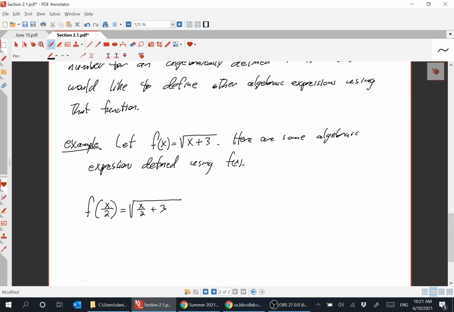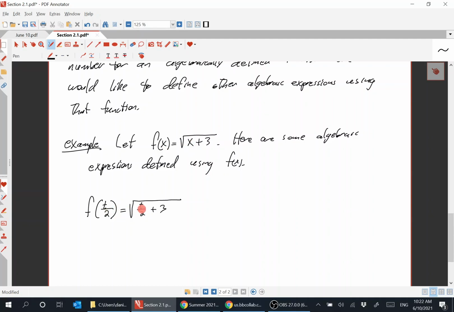Now, what's kind of confusing about that is I'm using the same letter, x. But if you want, you could change that letter just to give yourself a different look at it. f of t over 2. So what this means is everywhere I see x, I will place t over 2.